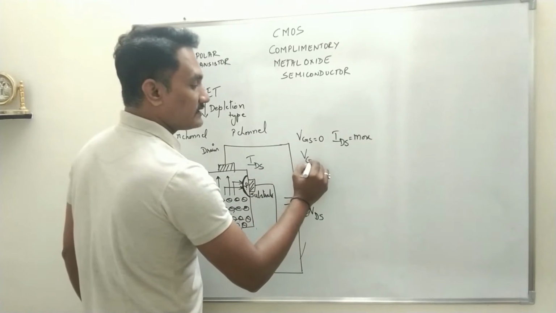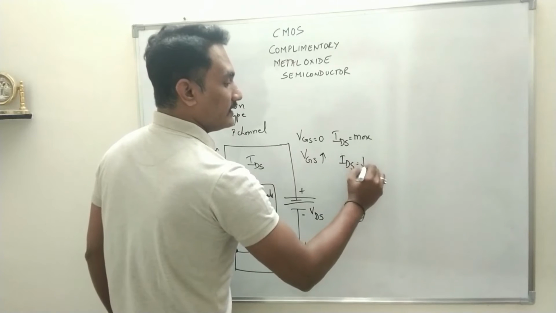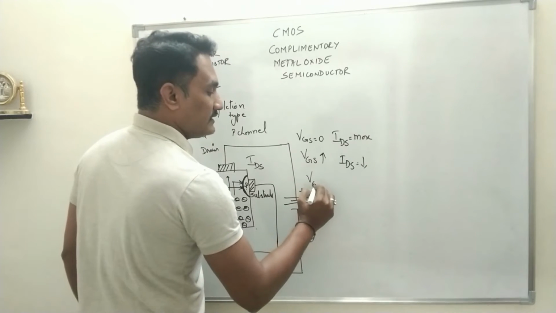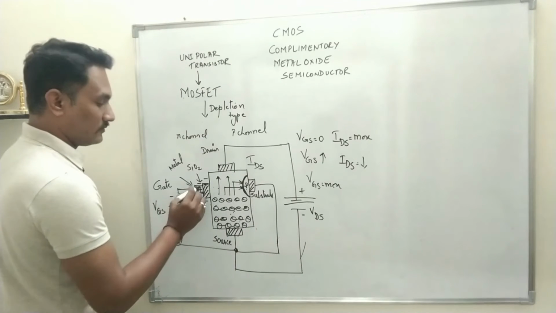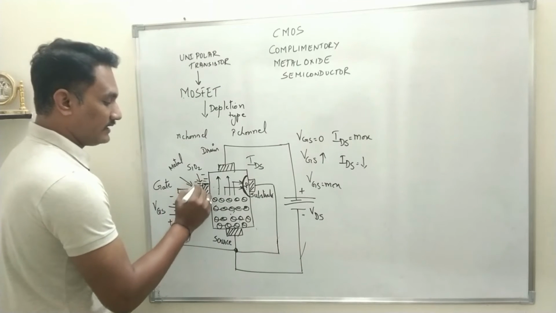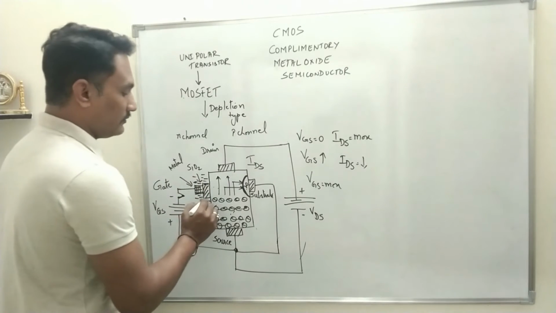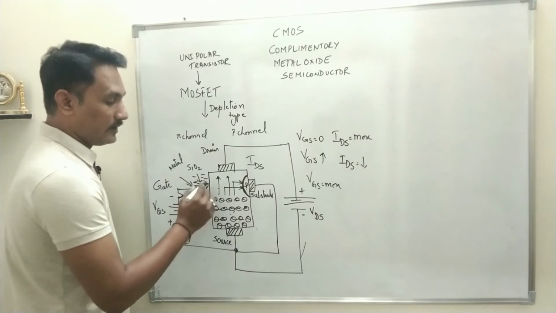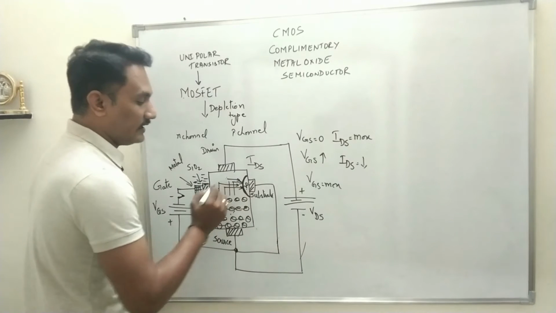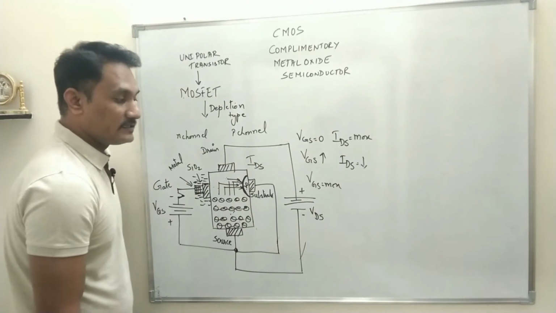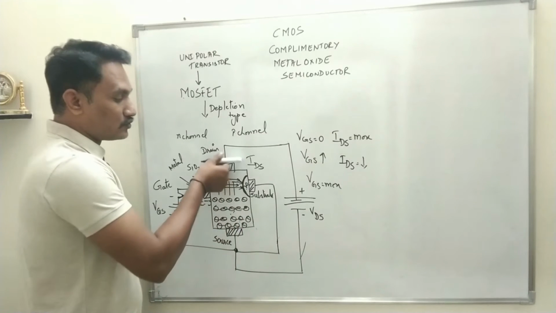So when VGS increases, IDS decreases, and when VGS is maximum, that means full potential is applied, a large number of electrons will accumulate in the capacitor formed by the MOS. Now all the electrons which were moving towards the drain will move towards the PN junction. That means no charge carrier will move from source to drain.